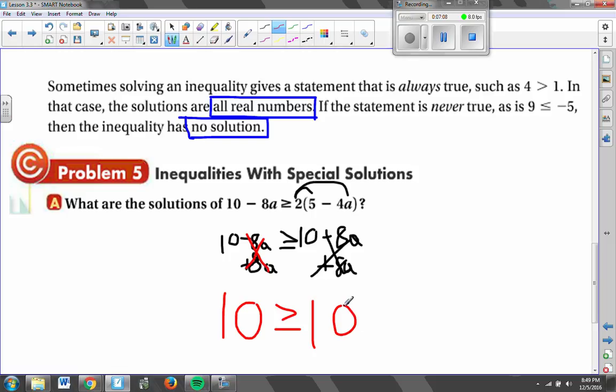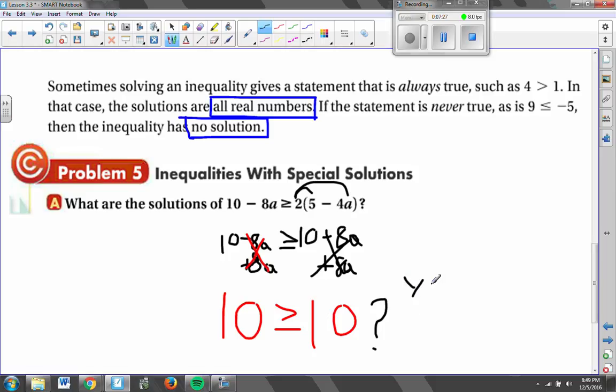They're all gone. And what I have to do is look at what's left and decide, is that always true or never true? Well, is 10 greater than or equal to 10? The answer is yes. 10 is greater than or equal to 10 because of this equal to line right here.